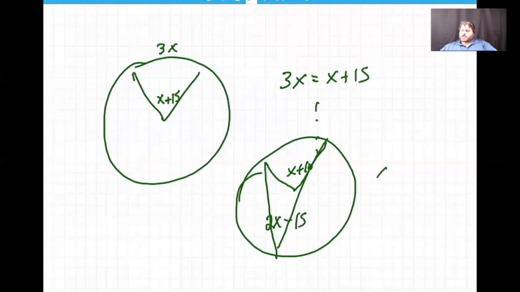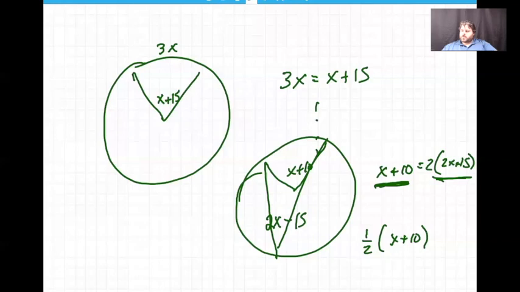Well, you know that x plus 10 is 2 times 2x minus 15. There's your equation. The big angle is double the little angle, or you can say half of the big angle is equal to the little angle. Either way that works, but you just got to know that relationship and how you could set up an equation.